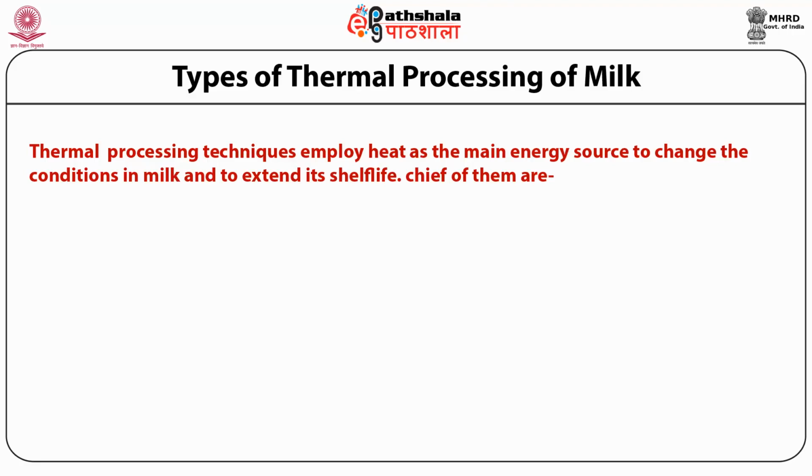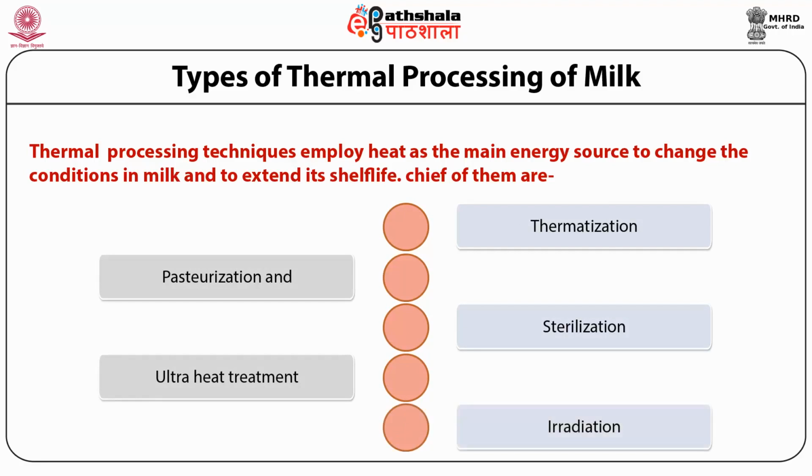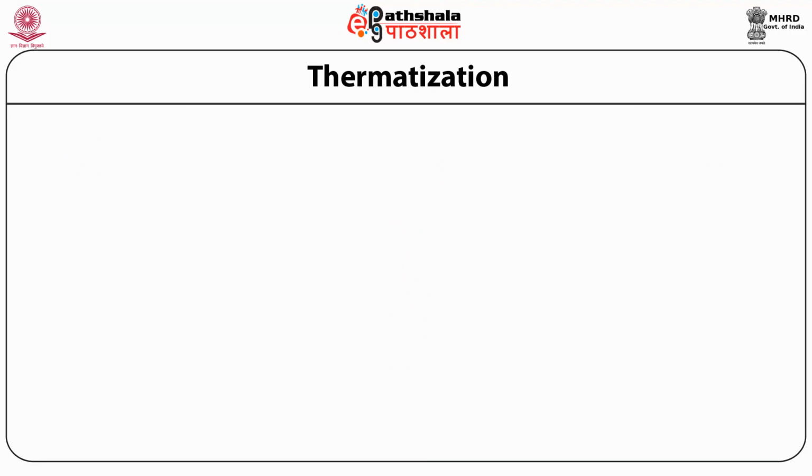The chief thermal processing techniques are thermization, pasteurization, sterilization, ultra-heat treatment, and irradiation. Let us now understand these techniques one by one. First technique of heat treatment is thermization.